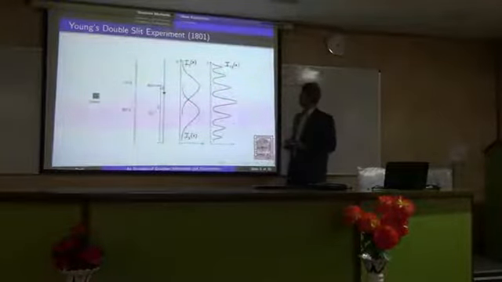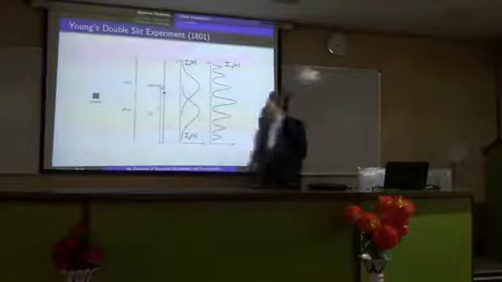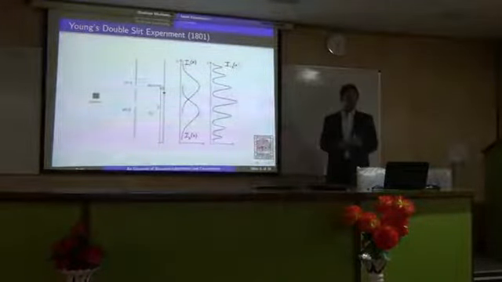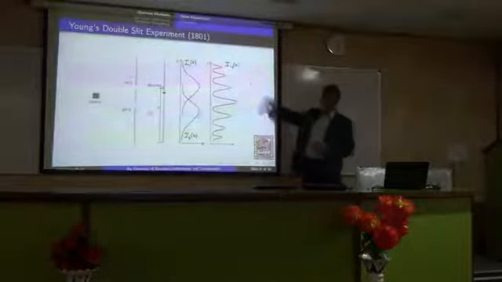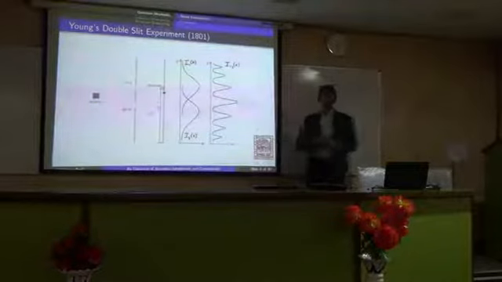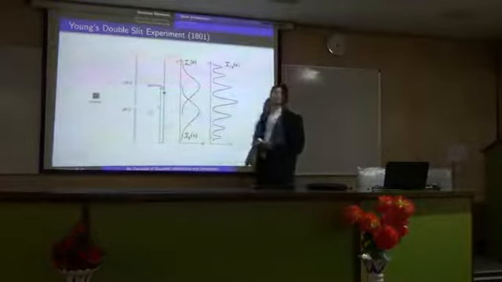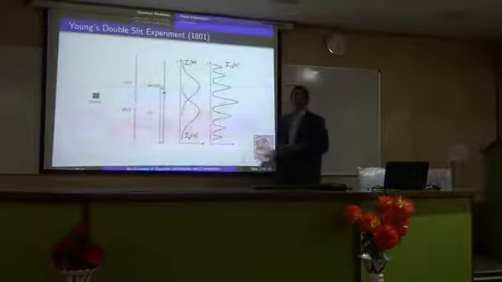So the single photon, because it is a particle, should go either through slit 1 or through slit 2 at a time. It should hit exactly one point, and over a period of time you should see two localized portions. But a single photon itself displays such an interference pattern.